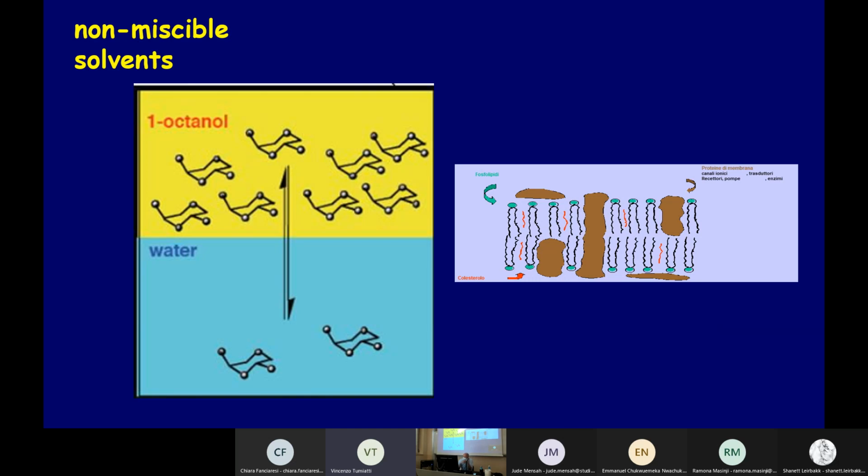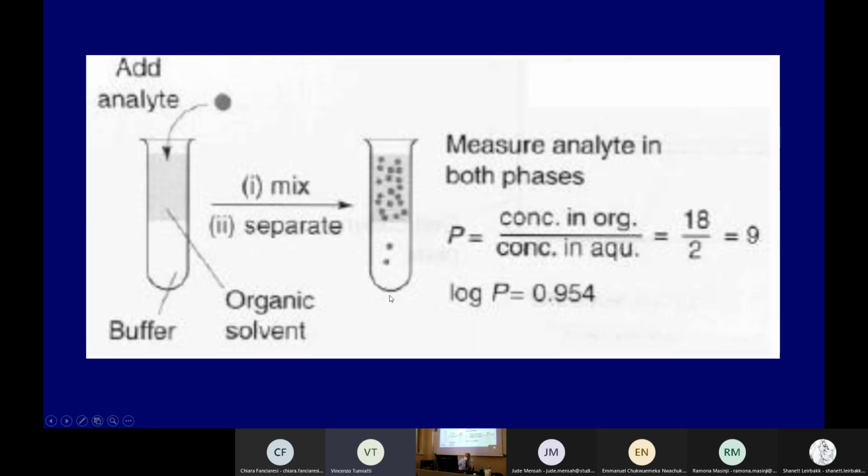You get a ratio, and so you can determine the P value and then the log P value. You have an idea about the ability of your compound to cross or not the cell membranes. Here you see the system, 2 layers, normal octanol, organic solvent, and buffer, okay, water.